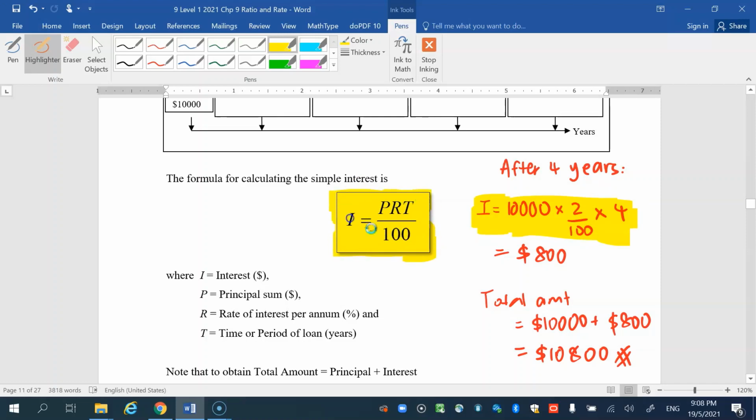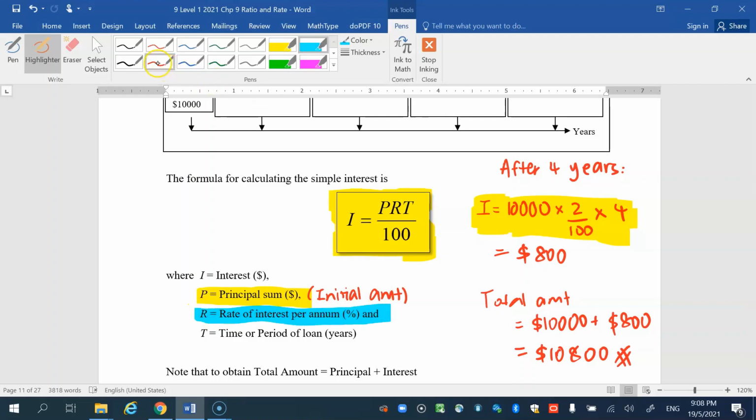Now, what does this P, R, and T stand for? Basically, P stands for the principal sum, which means the amount that you initially put into your bank, okay, which is the initial amount in the bank. In this case, it is $10,000. Okay, then R refers to the rate of interest per annum.